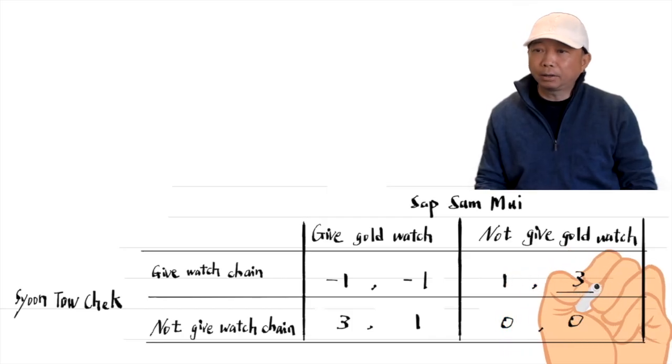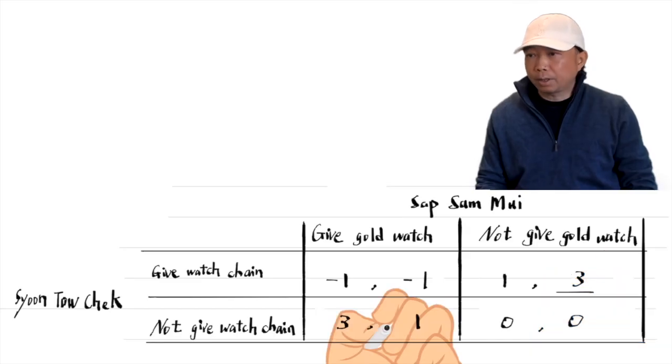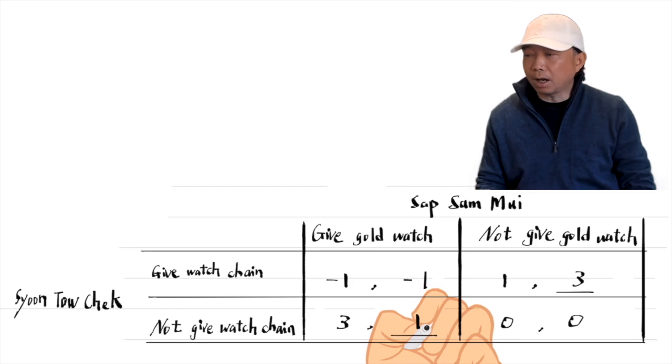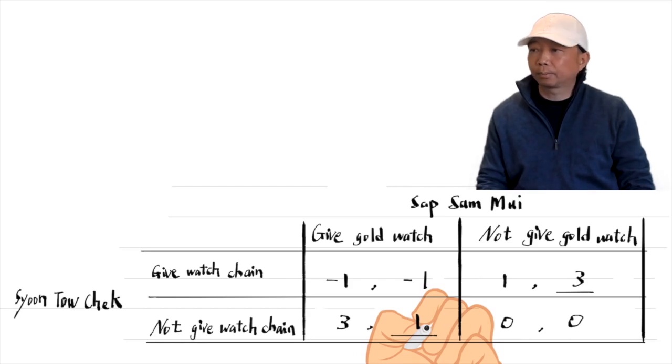We underline the payoff 3. If 船頭尺 does not give a gift, 13枚's best choice is to give the gold watch, because that gives her a payoff of 1, which is higher than the other option, 0. We underline the payoff 1 as well.